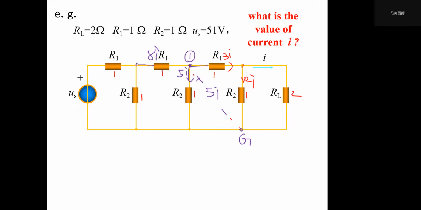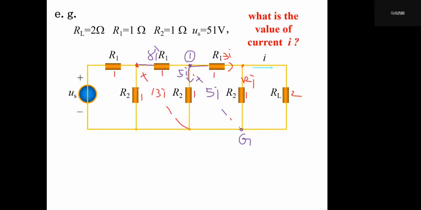And we can still calculate the corresponding voltage between this part and this part. So it must be 8I times 1 plus 5I times 1, so it must be 13I.